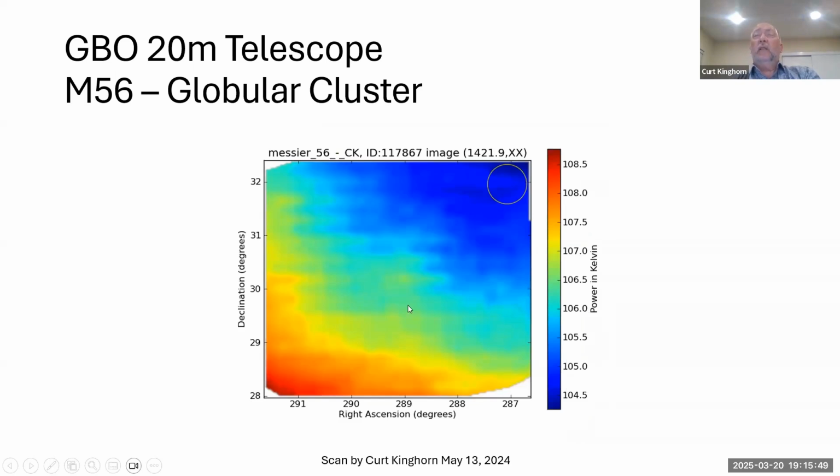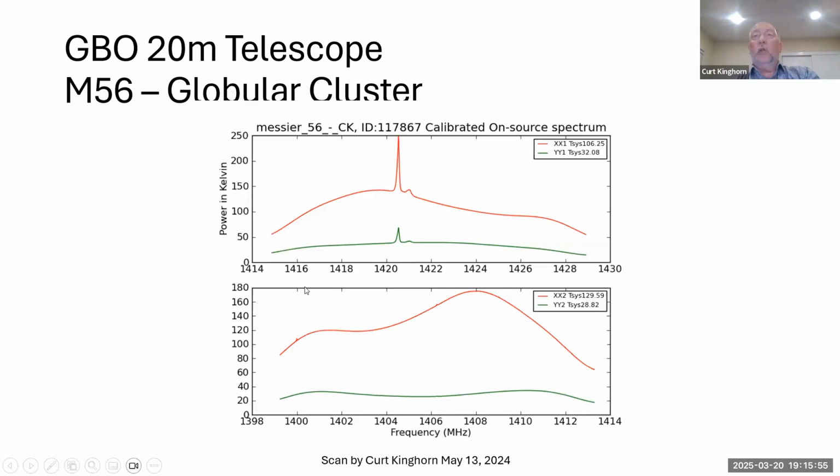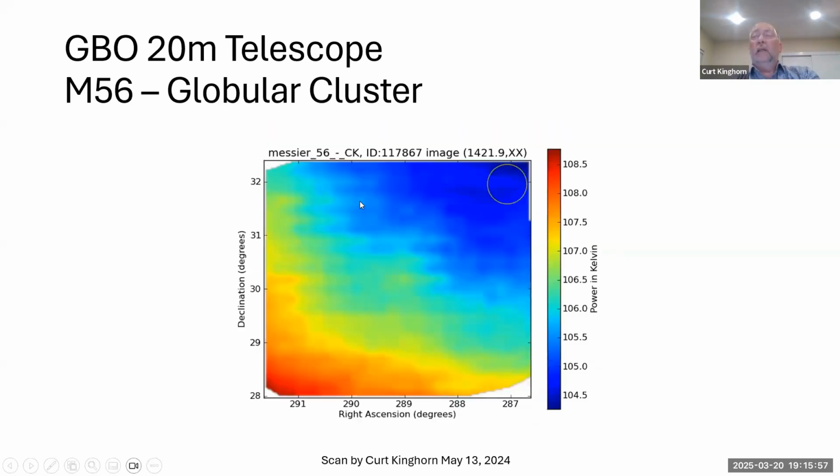But this is the image that you get, and notice it doesn't look anything like the very crisp image I got for Cassiopeia A. Why is that? Because even though it produces a lot of optical light, it doesn't produce very much radio, so you don't get a very defined radio image. I just wanted to show you that as an example of how optical and radio work together to show the different parts of the spectrum, which help you understand what's going on in the universe.